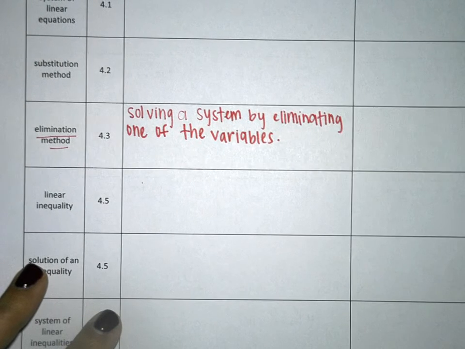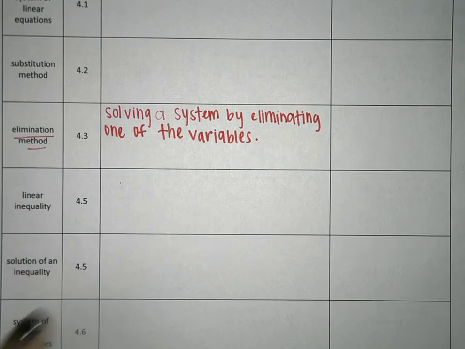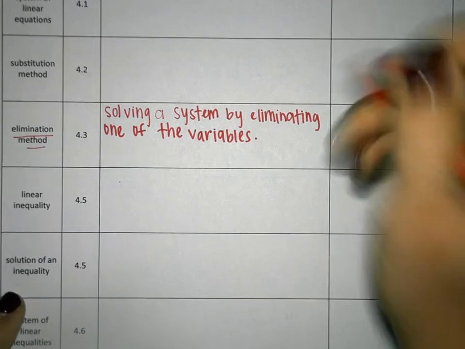So it's similar to substitution in that we are trying to get just one variable in the equation so that we can solve for that one and then plug it back in. But we're going to do something a little bit different.